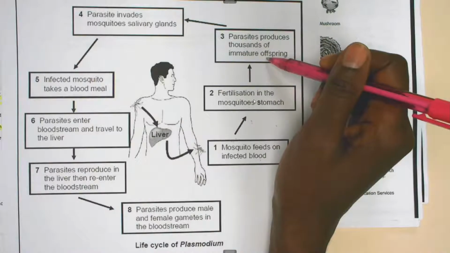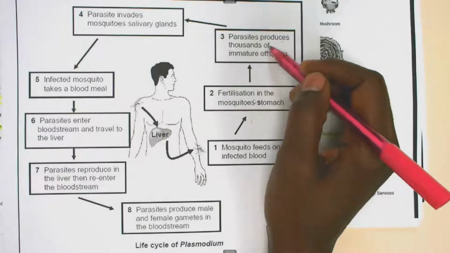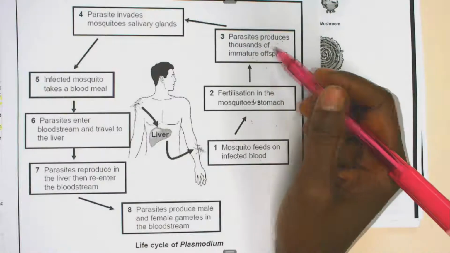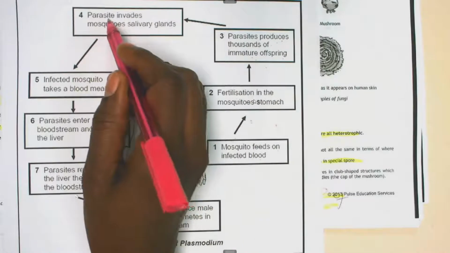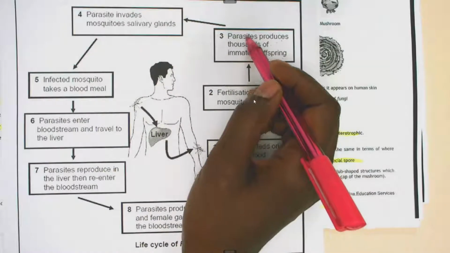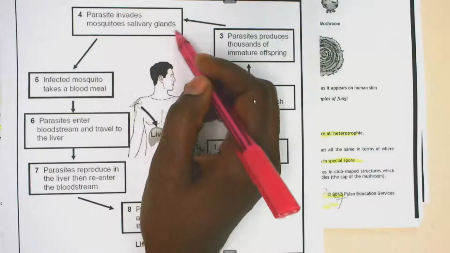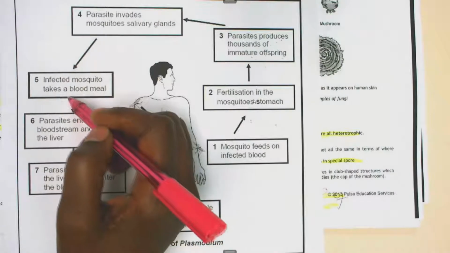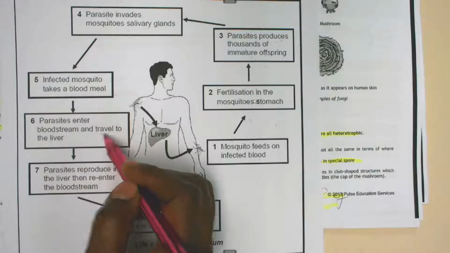And then number 3, parasites produce thousands of immature offspring. After fertilization, immature offspring will be produced. After that, parasites invade the mosquito's salivary glands. So it means that these parasites will now move into the mosquito's salivary glands, and then an infected mosquito takes a blood meal, and the parasites enter the bloodstream and travel to the liver.